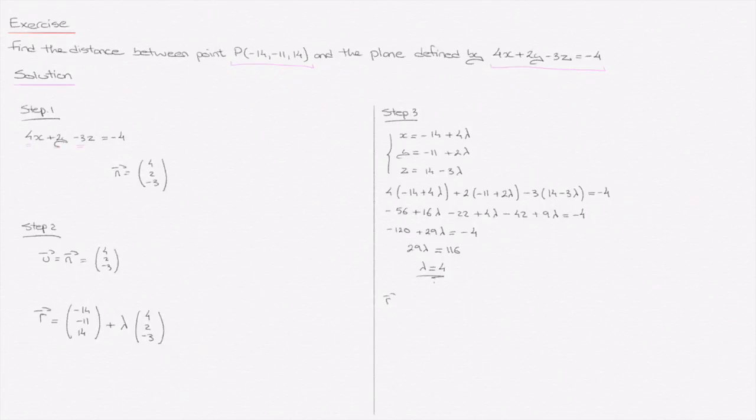So r equals -14, -11, 14, plus 4 times 4, 2, -3. Calculating this, we find 2, -3, 2. So the point Q, the point of intersection of the line and the plane, has coordinates 2, -3, and 2. And that's our third step done.